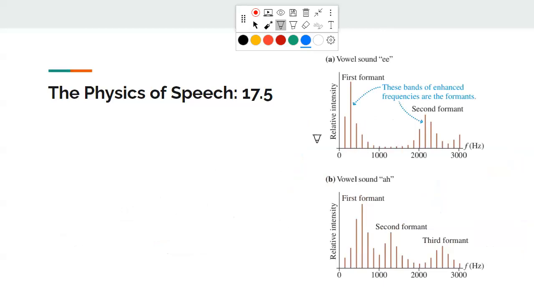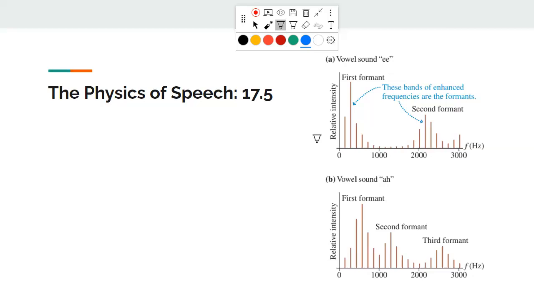In the top picture, this is for an E sound. When I say E, this first formant is the fundamental frequency of that closed-open system. And the second formant is coming from some higher order effect, because this is all three-dimensional and there's a weird resonance in your vocal cavity.